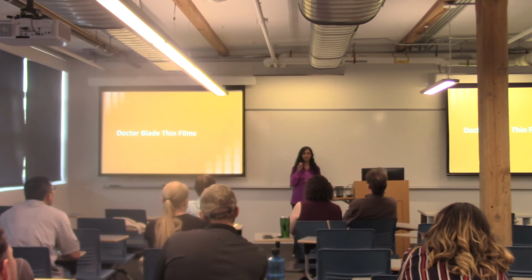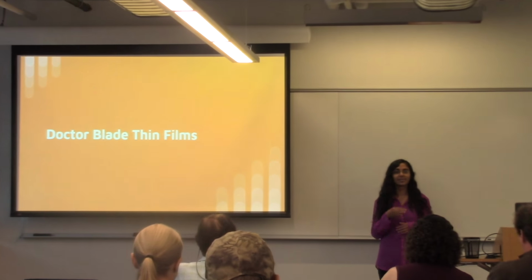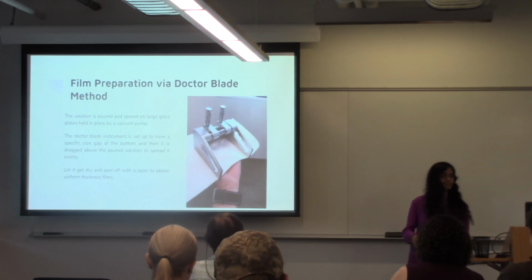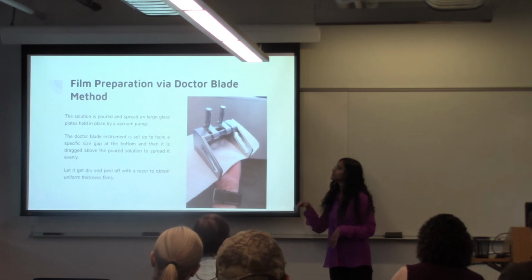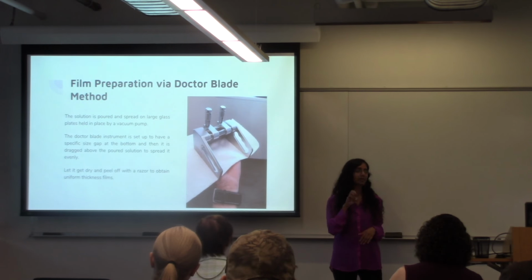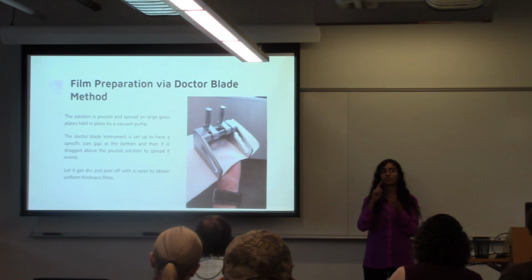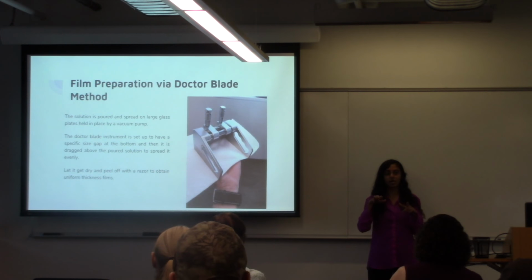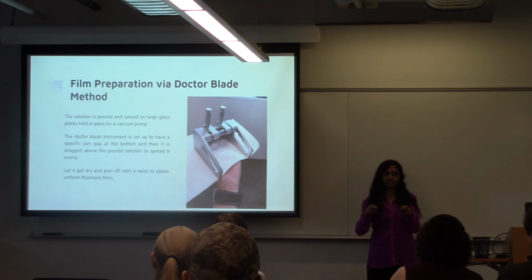Everyone, I want to talk about a technique we call doctor blading of thin films. You can see in the picture, this is the actual doctor blade, the instrument we use in this technique. We have our solution that we prepared, put that onto glass slides or glass plates, and then we do what we call doctor blading. We bring the doctor blade across the solution on the plates, and it spreads out.